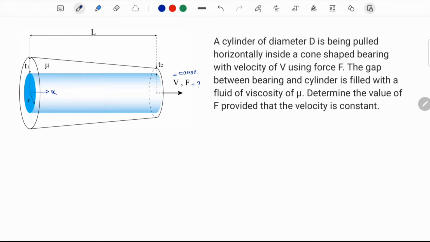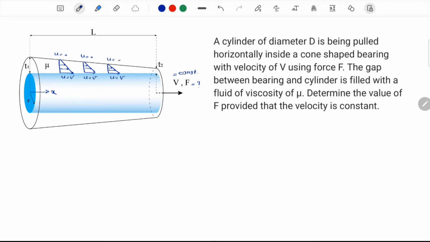In every section, the velocity profile can be written like this. In every section, the velocity profile is linear and changes from u equals capital V to u equals 0. Remember, in every section, this is true.